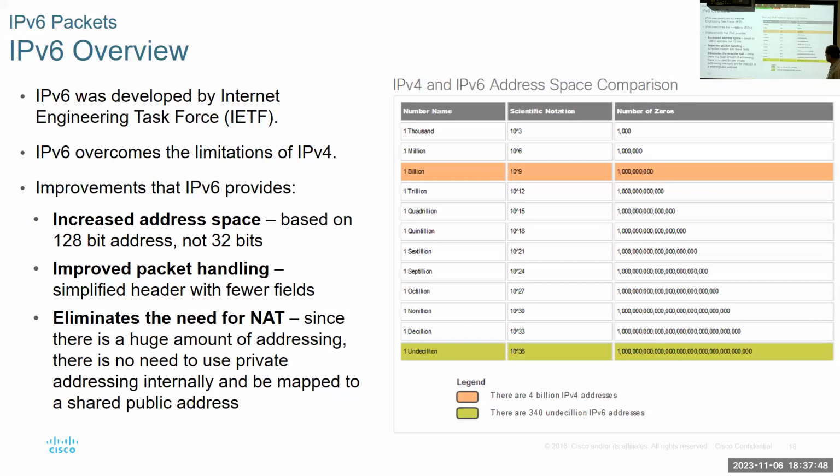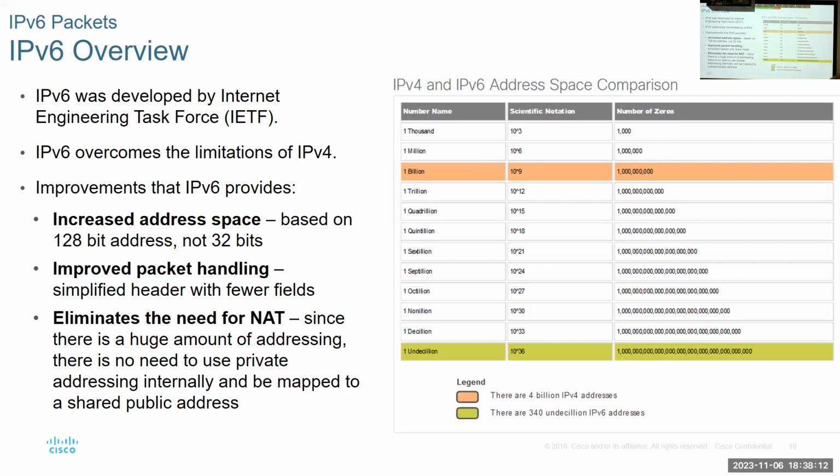Okay, so IETF is the organization that develops these protocols, and these are the three biggies anyway of what IPv6 brings to the table. And this is the number of addresses, 10 to the 36 approximately.